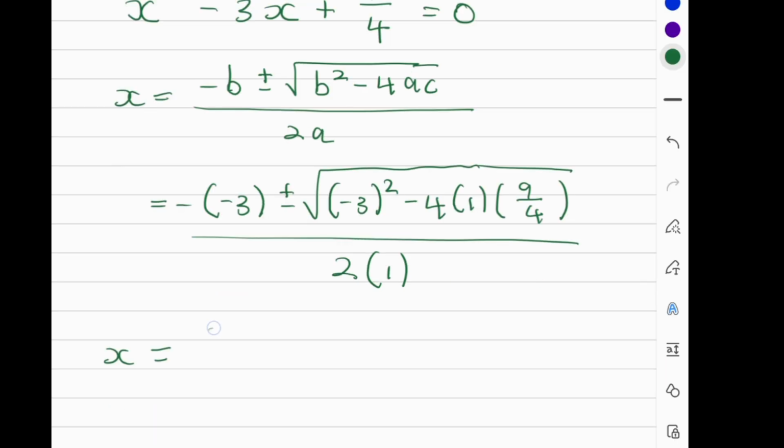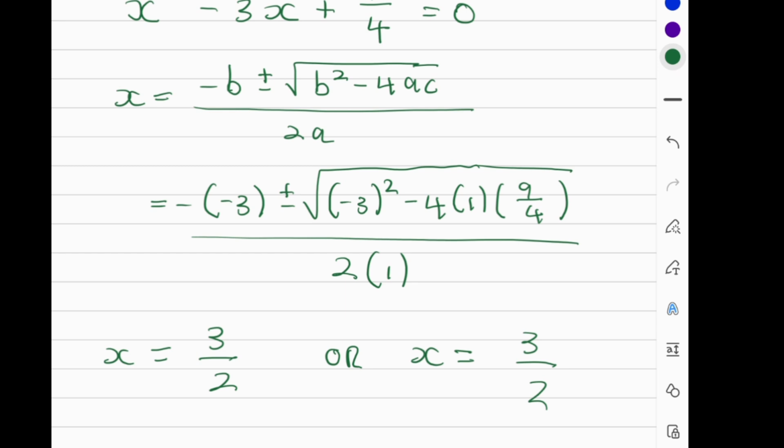So the first x value is 3/2. Yeah, this is correct.